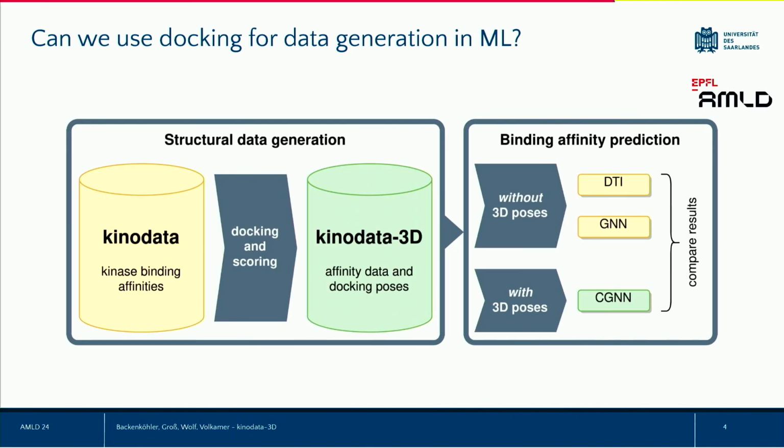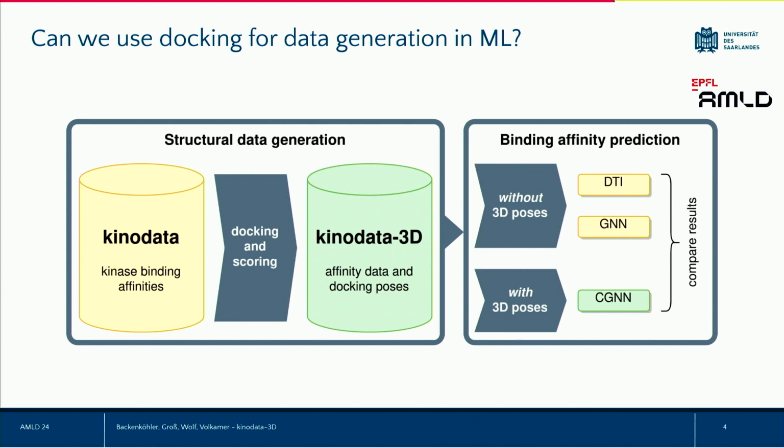So that is what we do in this first step. We are using the Kinodata activities and the KLIFS PDB structures to do docking. And then we want to see whether this can actually do something for a machine learning task. Because we have the activity data, it's a very convenient predictive target for our models. As models, we compare a structural model, the CGNN, the complex GNN on the bottom, that has access to the docked pose, against two baseline models that don't.